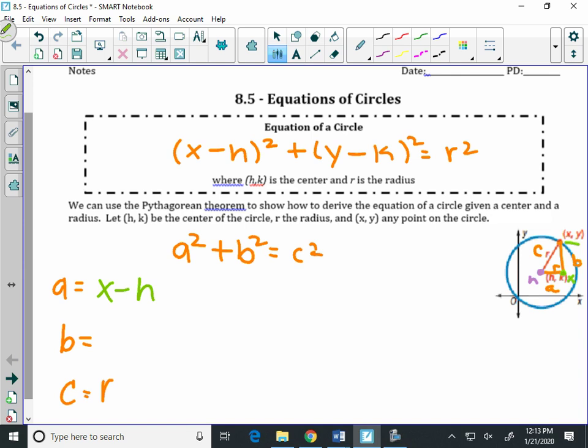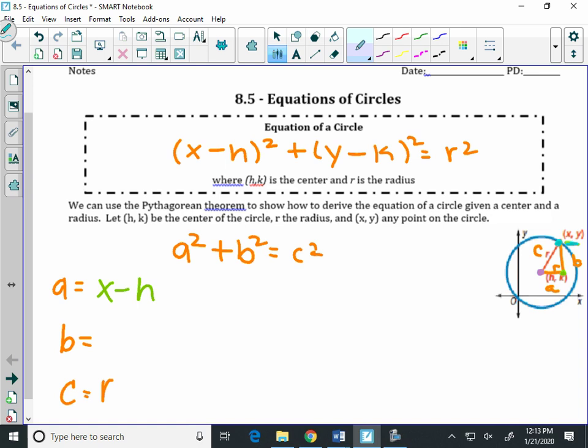So now we're going to do the same kind of concept with our b. I'm going to label this one blue and keep that bottom one green. We look at the top point, that's probably the easiest. Now we're going up and down. What values do we look at when we're counting up and down, the y values or the x values? y, right? Because the y-axis is going up and down.